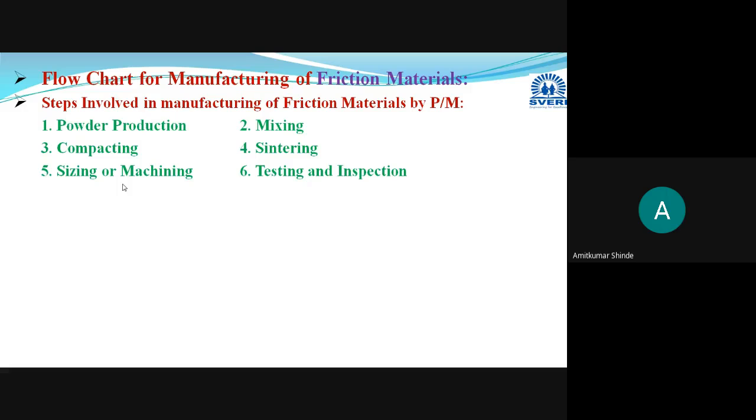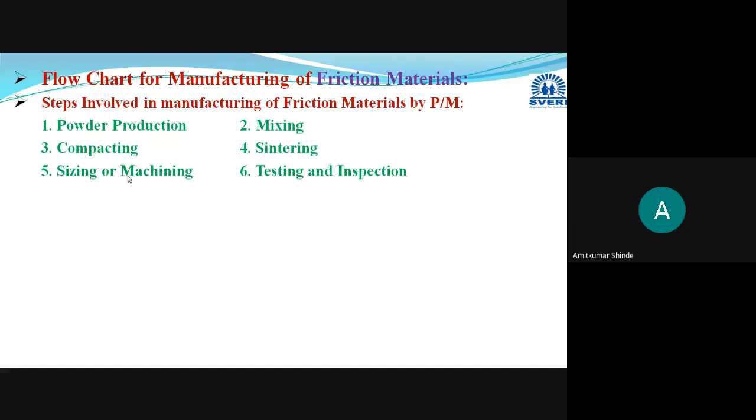Some steps will be very few as compared to the self-lubricating bearing. The pre-sintering and the impregnation steps are not here. And the remaining stages I will explain. Now here, while manufacturing this friction material, in some books they have also mentioned this sintered friction material.